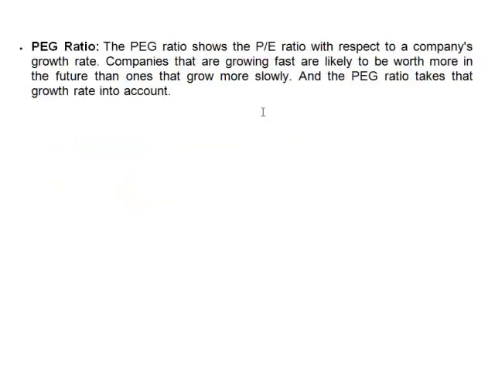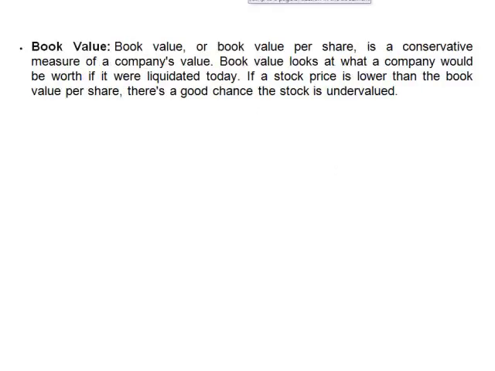The next one is the PEG ratio, which shows the price earnings ratio with respect to the company's growth rate. Companies that are growing fast are likely to be worth more in the future than ones that are growing slowly, so the PEG ratio takes growth rate into consideration. The next one is book value, or book value per share.